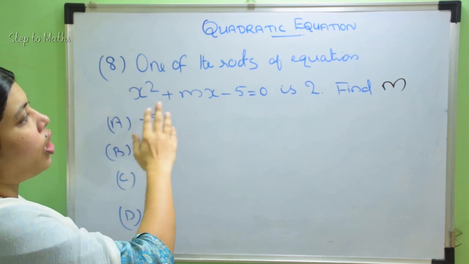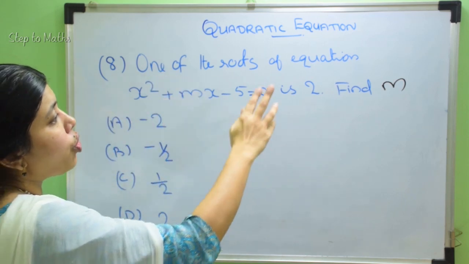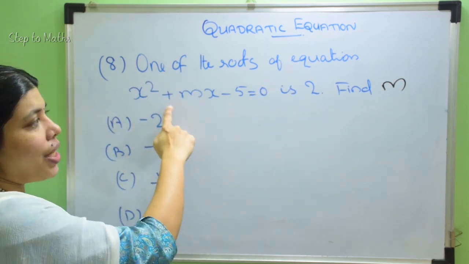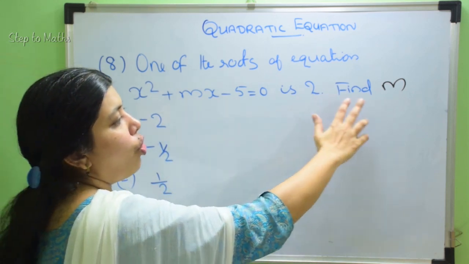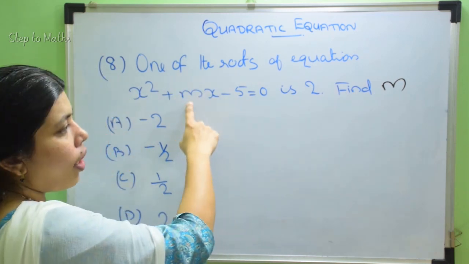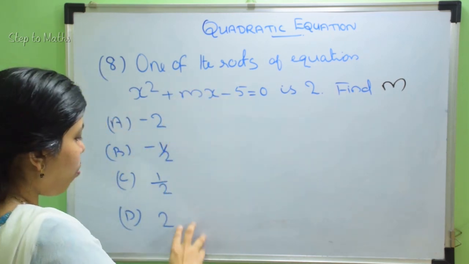Question number 8. One of the roots of the equation x square plus mx minus 5 is equal to 0 is 2. Find the value of m. 4 options are given.